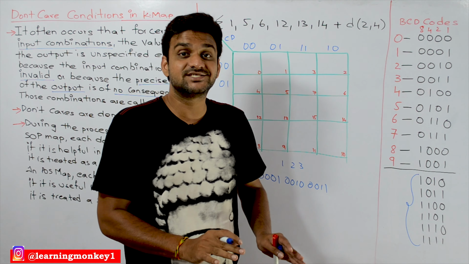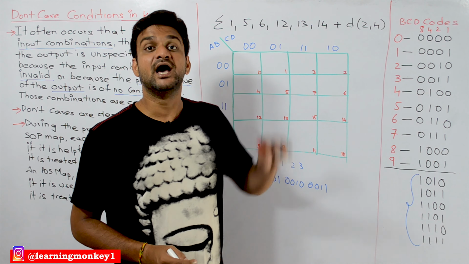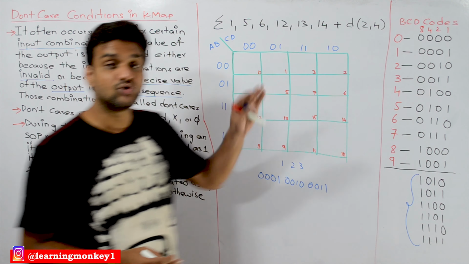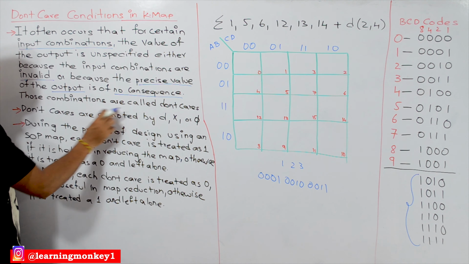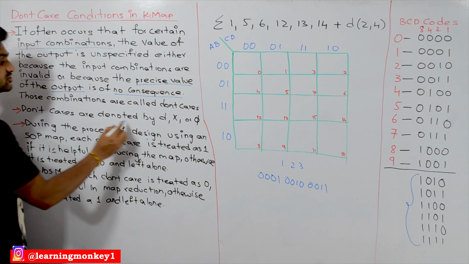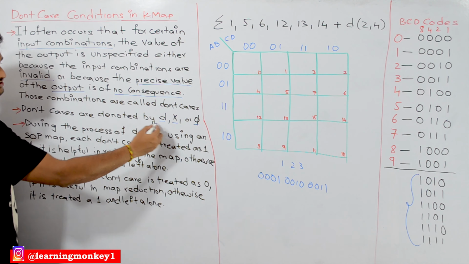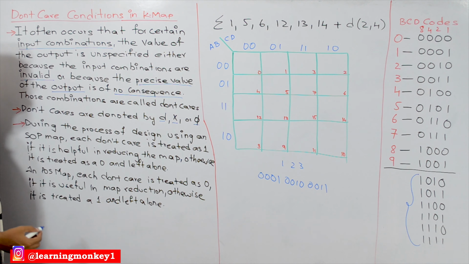In those cases, certain combinations of inputs are don't cares. So those combinations are called don't cares. Don't cares are denoted by the symbols D, cross mark or pi. So these are the symbols used to represent don't cares.